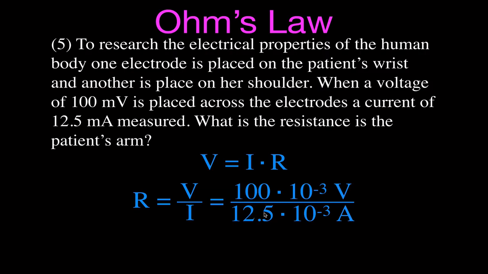And we have 12.5 times 10 to the minus 3 amperes, because it's milliamperes. We have volts and amperes, our base units there. And then we can see that these will actually cancel. And it's just going to be 100 divided by 12.5. And that would be 8 ohms of resistance along your arm there. When you place that voltage across the arm, you get that current because your arm has resistance of 8 ohms.